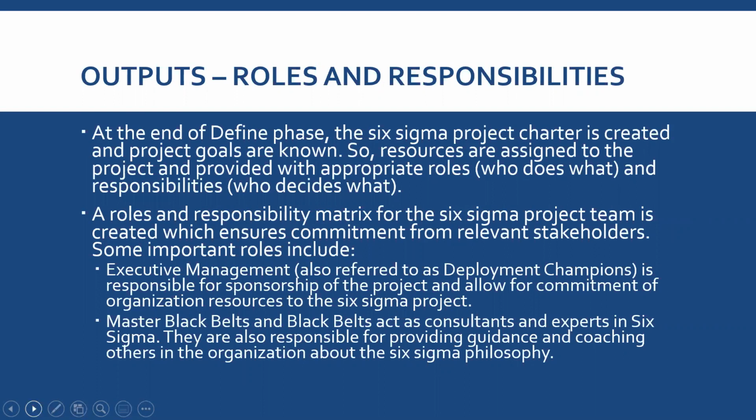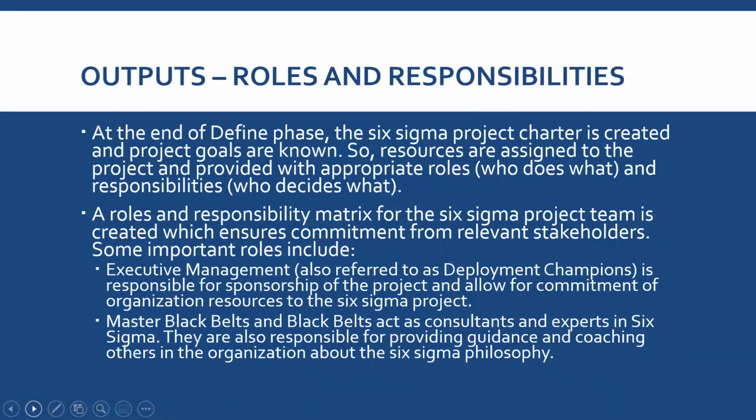Roles and responsibilities. At the end of the define phase, you should have a responsibilities matrix, which will include all the responsibilities or all the activities that are related to a project. Some of the roles that we need to talk about: the executive management. These are the champions, the deployment champions. These are the sponsors.